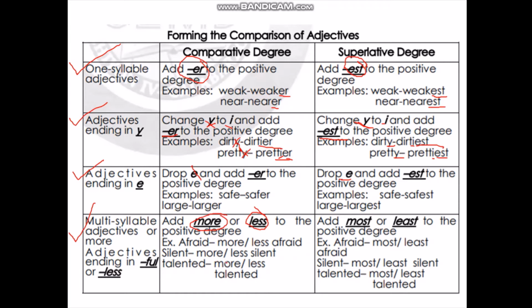For talented, we write more or less talented. So that is for comparative degree. And now for the superlative degree, we have the word most or least before the positive degree. So example, afraid, most or least afraid. Silent, most or least silent. And for talented, most or least talented.